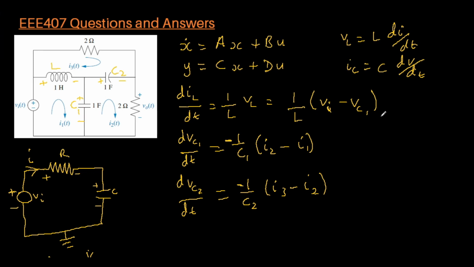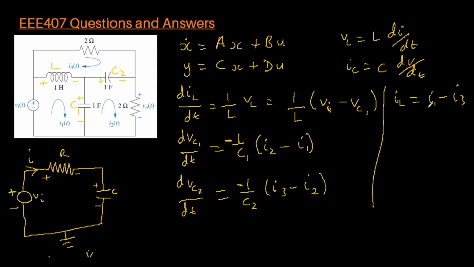I just want to keep this diagram on the left still visible, so I'll write on the left here. It means that our IL is defined as being I1 minus I3. So IL is I1 minus I3. So you could say I3 is IL minus I1, in which case we now have everything in terms of just I1, I2, and IL.